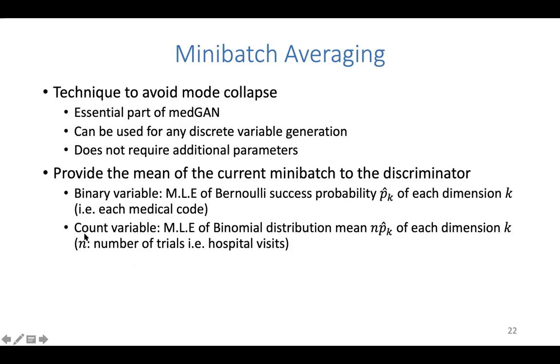Which means that if we're generating tabular data filled with binary variables, for example, just filled with zeros or ones all the way, then simply providing the mean of the current mini batch to the discriminator means that we're providing a Bernoulli success probability of each dimension to the discriminator, because simply taking the average of each column across all the samples in the current mini batch is just the maximum likelihood estimation of the Bernoulli success probability of each dimension k.